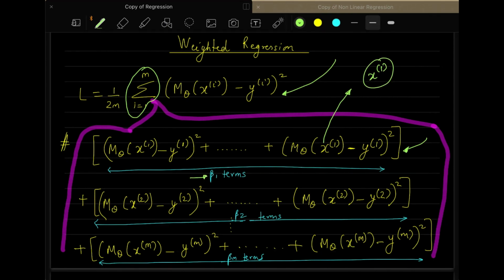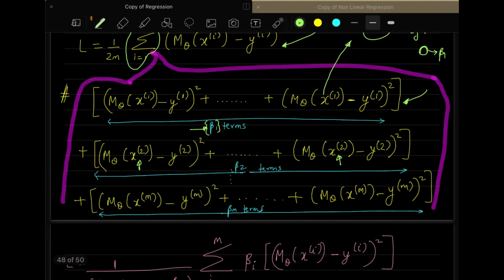So if there are beta 1 samples of x1, it is like a round circle, and the value of this is beta 1 because there are beta 1 samples of x1 here. So we are summing all these samples of beta 1 terms. Similarly, if x2 has beta 2 samples, then you can collect these x2 terms together in this summation.